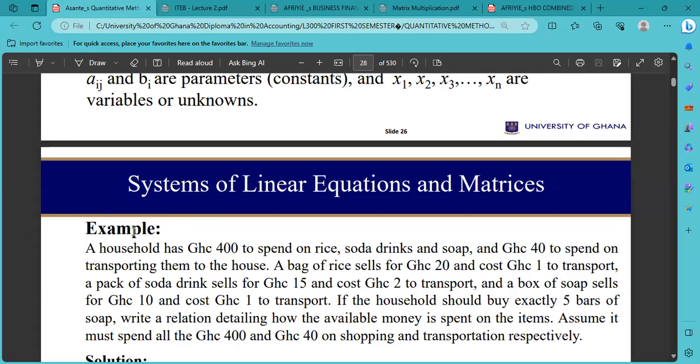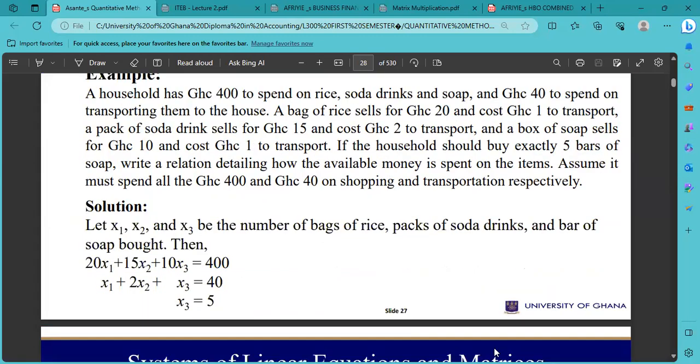So this is what we just solved. So we can see that we had 20x1 plus 15x2 plus 10x3 is equal to 400. The rest is the transportation, the amount they are using for the shopping.